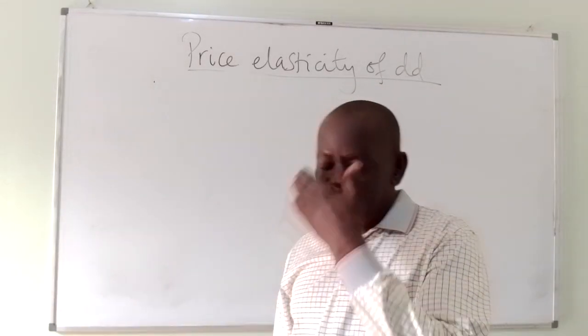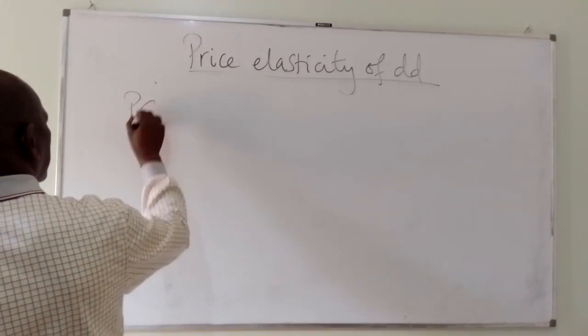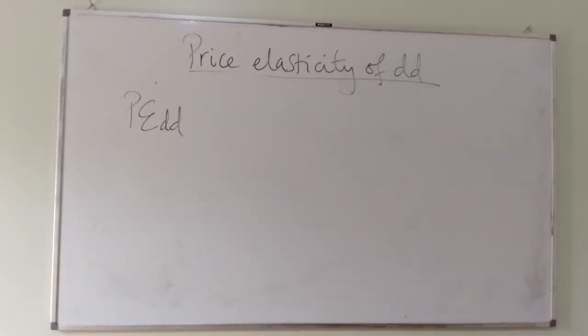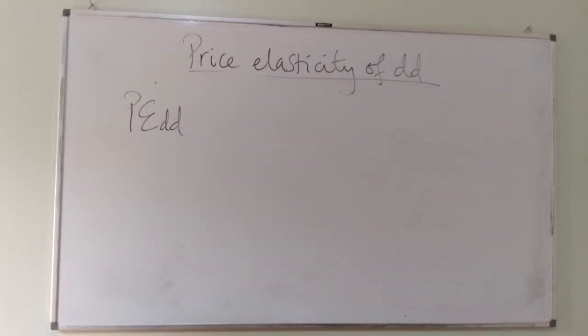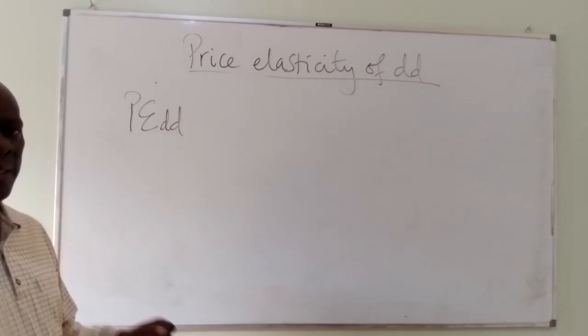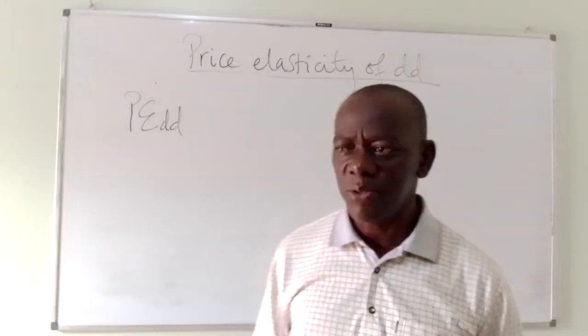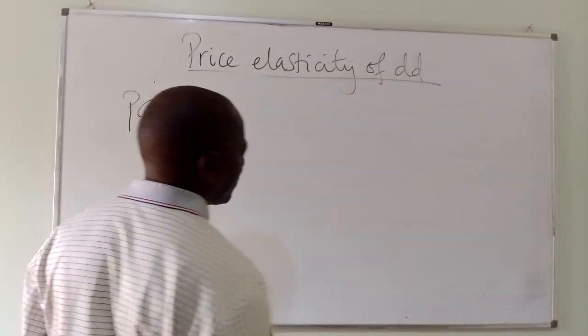So, if we are going to calculate price elasticity of demand, price elasticity, we shall abbreviate it as that. So, if you see PED, that E and D, double D, it is referring to price elasticity of demand. How do we calculate this price elasticity of demand? This is what we do.